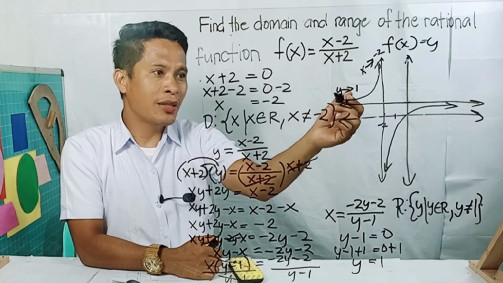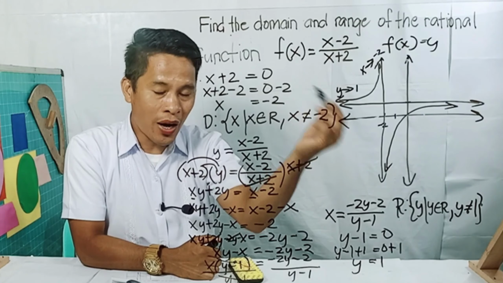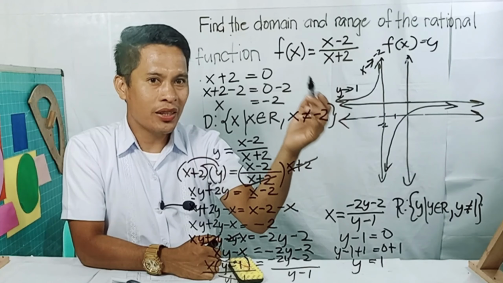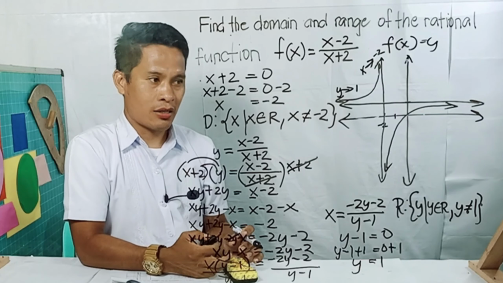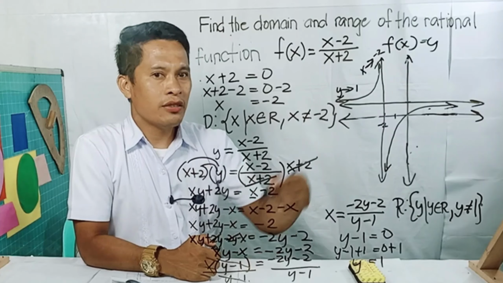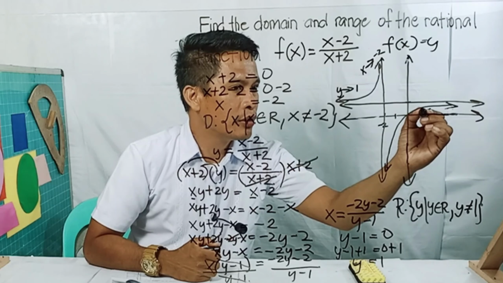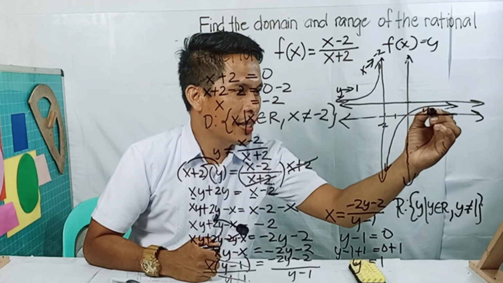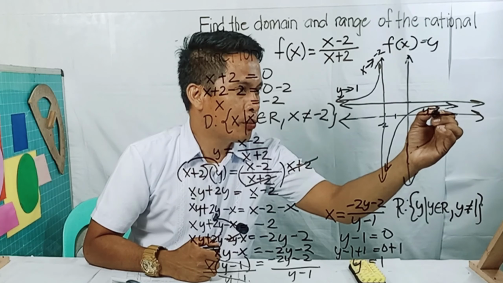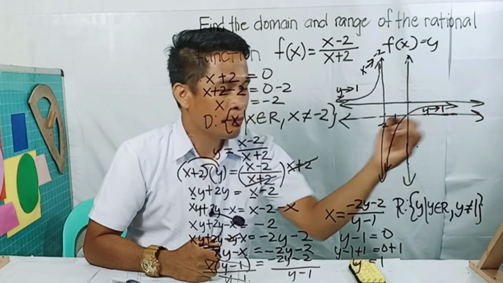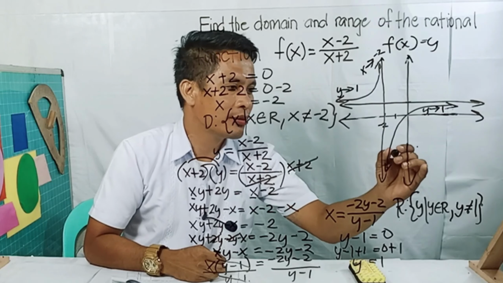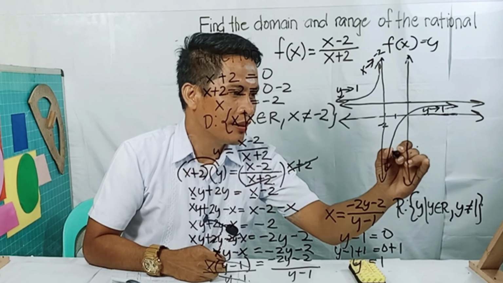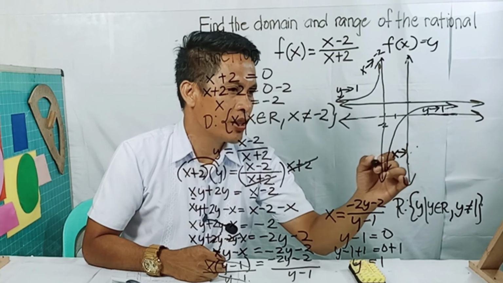The graph will move closely to y equals 1, but it will not intersect the horizontal asymptote. In this part of the graph, y is approaching positive 1. And in this part of the graph, x is approaching negative 2.